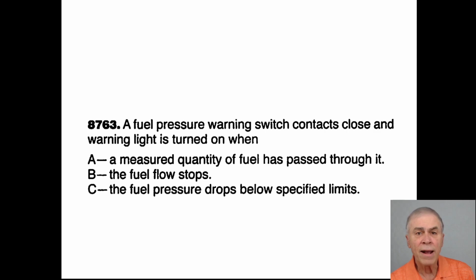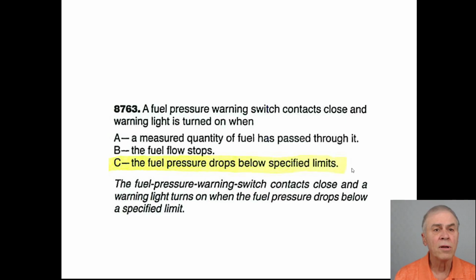So does it keep track? No. B, when the fuel flow stops, that could be it. Or C, the fuel pressure drops below specified limits. Much more accurate. And it is a pressure sensing and indicating system, so that's definitely the best answer.